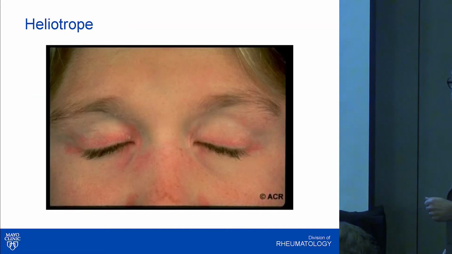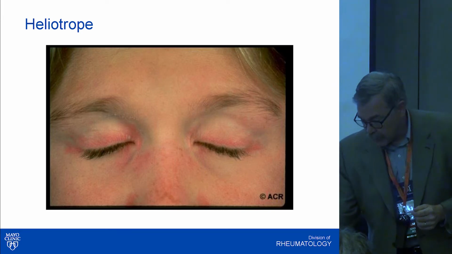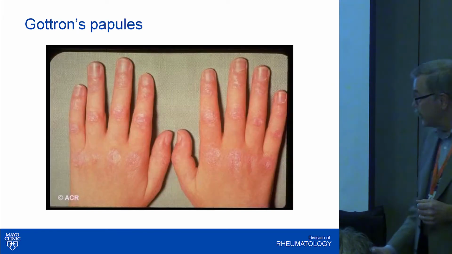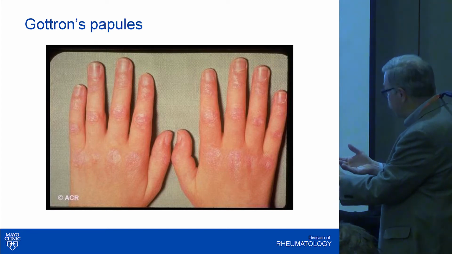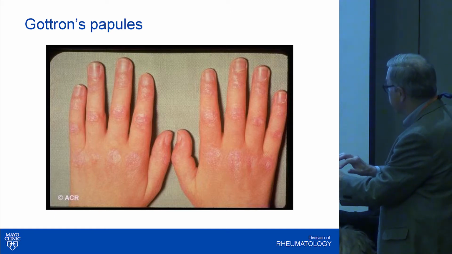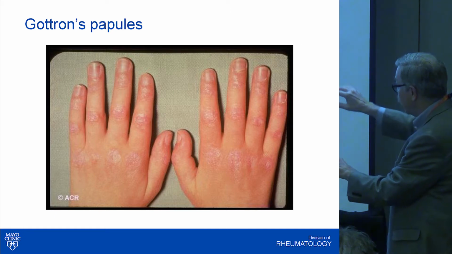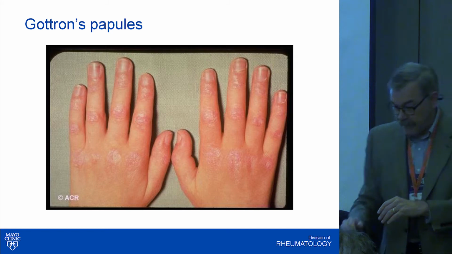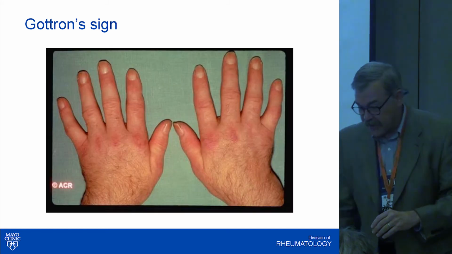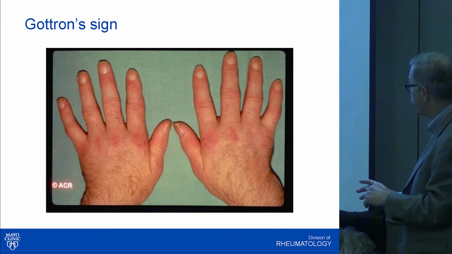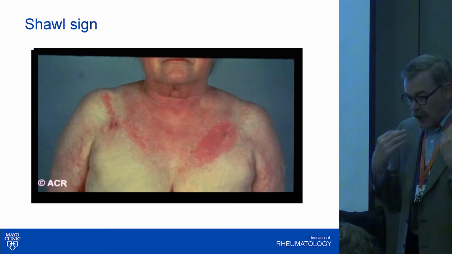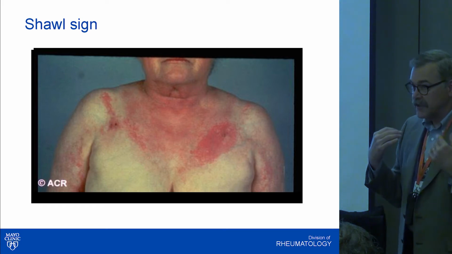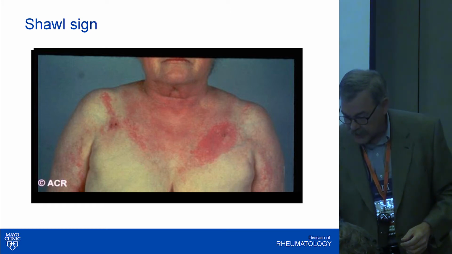So here is an image of the Heliotrope, this sort of reddish to lilac-colored rash over the upper lids. The Gottron's papules, where there is redness, raised lesions, and scaliness that can be somewhat shiny over the knuckles. If it doesn't have the scale and the shininess, it's called Gottron's sign. This isn't very prominent, I will admit. Here's the Shawl sign with rash that's in sun-exposed regions.